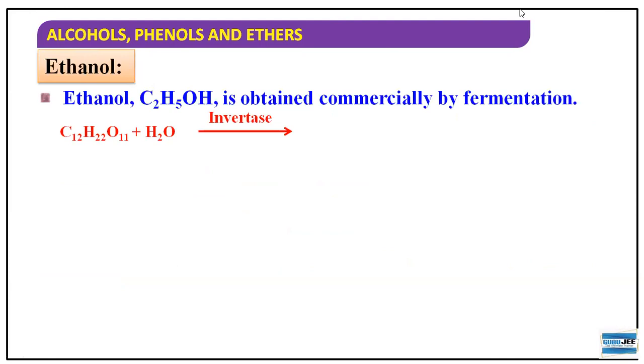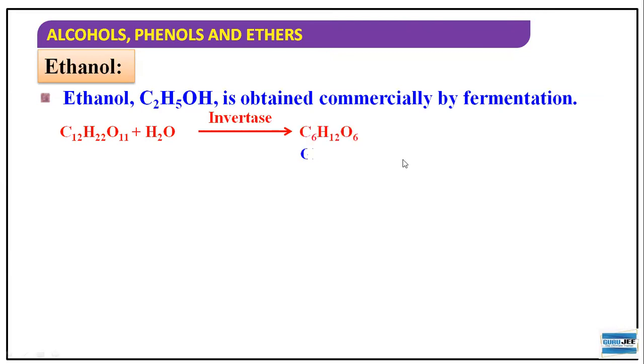Good question. So ethanol, what is it? It is from fermentation. They are obtaining ethanol, alcohol. The sucrose molecules, the long chain sugars, are hydrolysed using invertase.